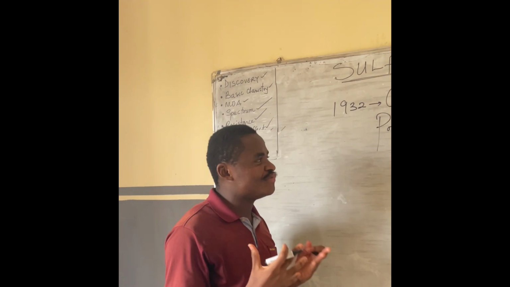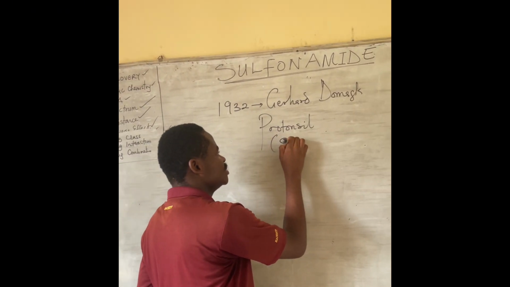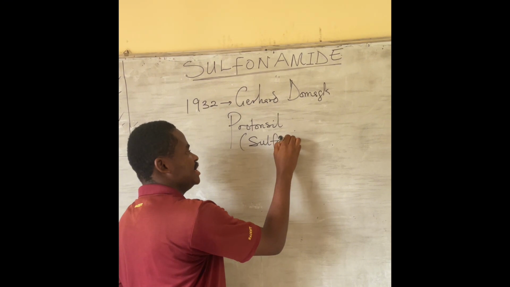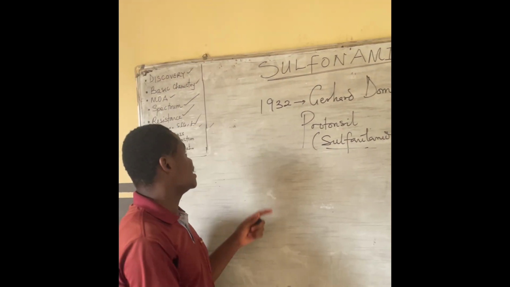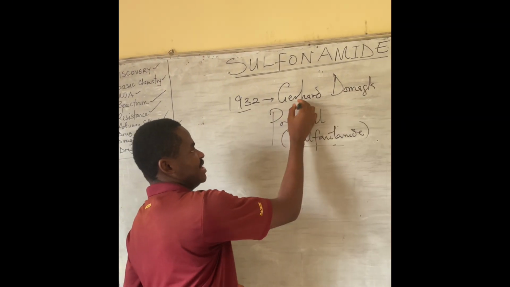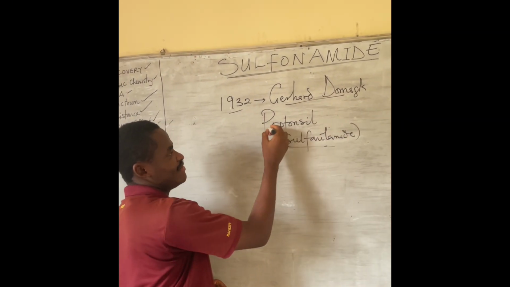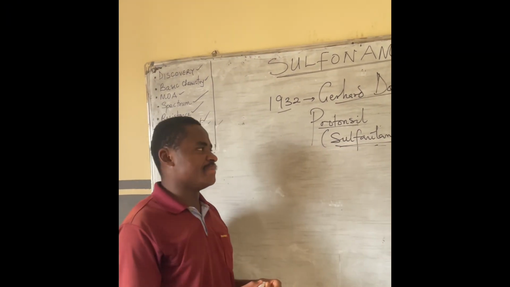On further study, it showed that Prontosil had an active component called sulfonamide. So these are very basic things to appreciate here: it was first discovered in 1932 by Gerhard Domagk when he discovered Prontosil, and the active ingredient in Prontosil is sulfonamide.